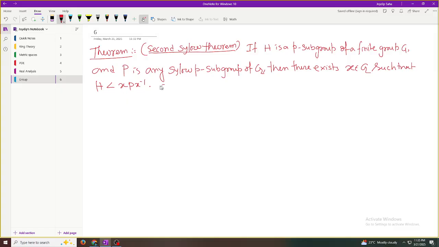In particular, any two Sylow p-subgroups are conjugate.